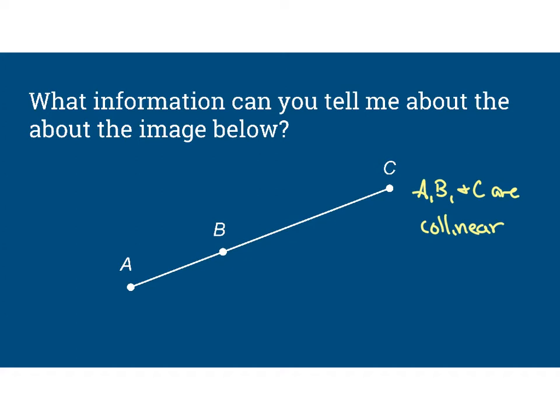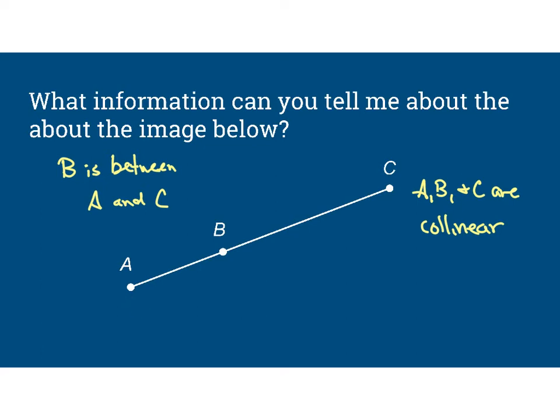The next thing that I notice is that point B is between point A and point C. Like in my example before, when I was going from here to Madison on my trip, Sauk is between the two towns. It's not exactly in the middle, but it's between the two. It lies on this line between points A and C.